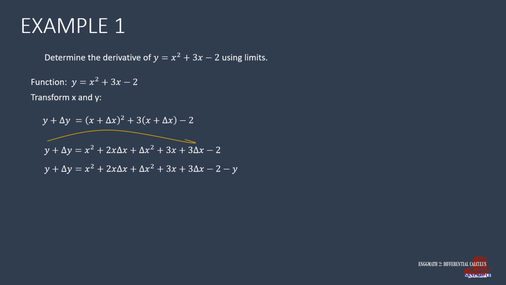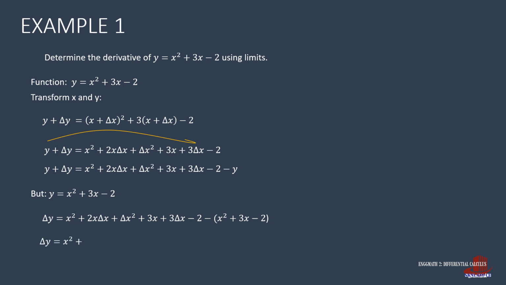But then, y was defined from the premise as x squared plus 3x minus 2. So the equation turns into delta y is equal to x squared plus 2x delta x plus the square of delta x plus 3x plus 3 times delta x minus 2 minus the quantity of x squared plus 3x minus 2.